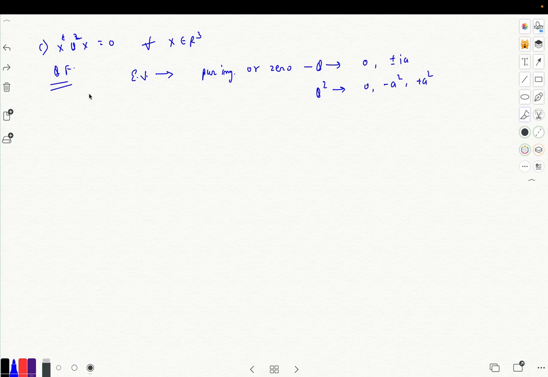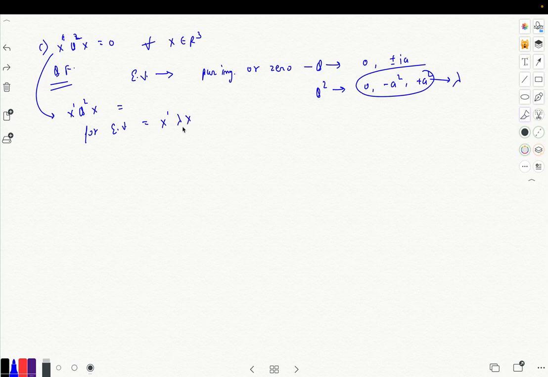Now focus on this portion, x transpose Q square x. Corresponding to Q square, we take the eigenvalue as lambda. So that would be x transpose lambda x, which can be written as lambda x transpose x.